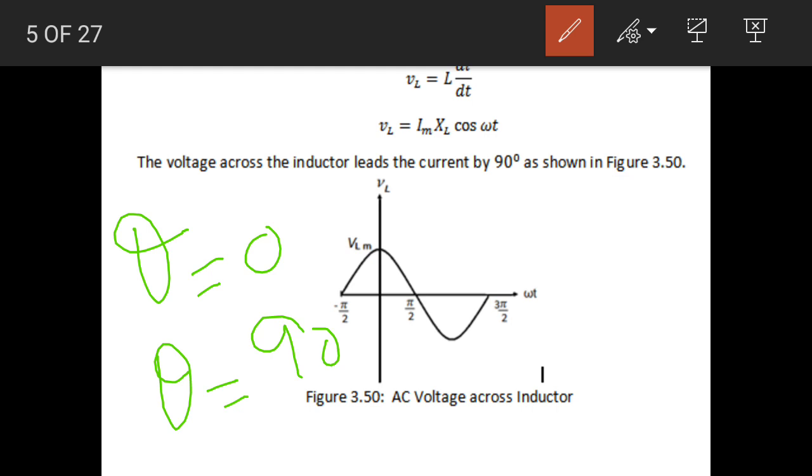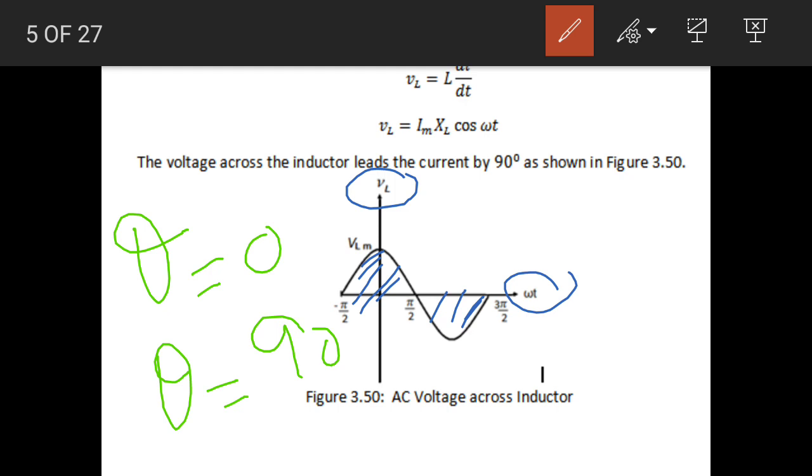We consider the waveform for this AC voltage. So we take omega t along x-axis and the AC voltage across the inductor along vertical axis, and here is the waveform for the voltage across the inductor. We consider one complete cycle of this AC voltage, and this AC voltage is shown from omega t is equal to minus pi by 2.